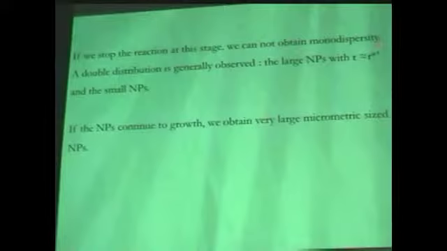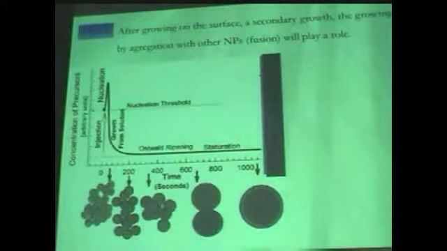Generally, we obtain a double size distribution, with large nanoparticles with R around R star prime, and also small nanoparticles. And if the nanoparticles continue to grow, if we don't stop the reaction, we will obtain very large micrometric particles, because micrometric is not nanoparticles.